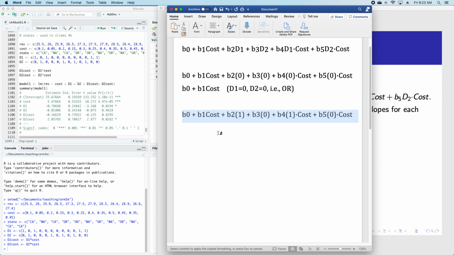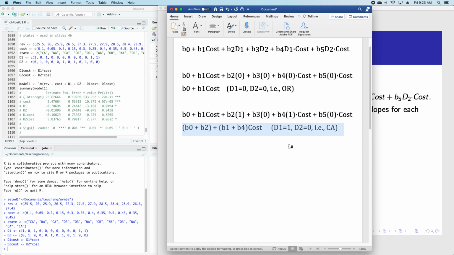If I collect together the intercept pieces, it'll be b0 and b2, and the slope pieces will be b1 cost and b4 cost. So I could represent that as b0 plus b2 for the intercept, and b1 plus b4 for the slope. This is the equation for California.